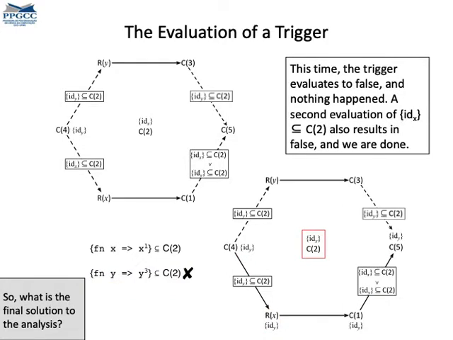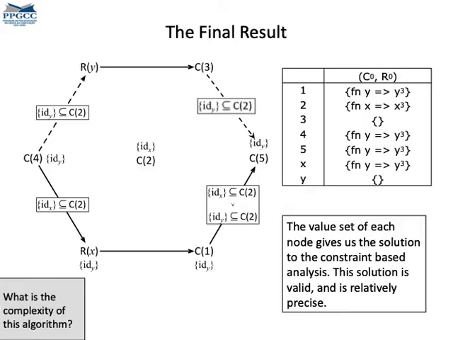The second condition that asks if idy is in C2 is false. And if we evaluate the first condition again, nothing really changes in this graph. So we are done. And this table on the right has the final solution of our system.